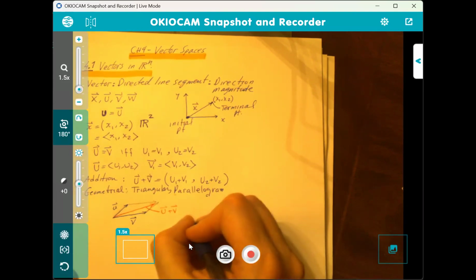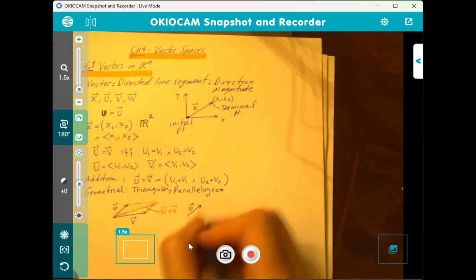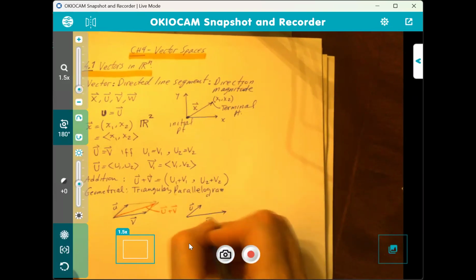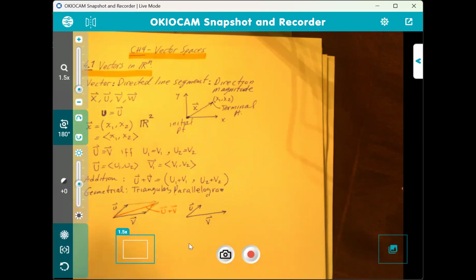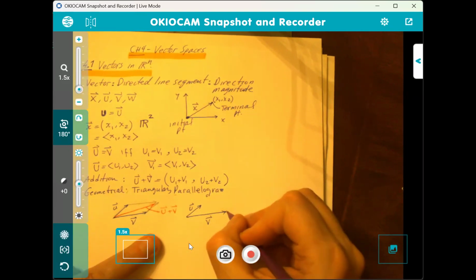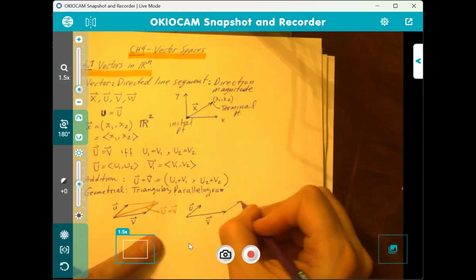If I want to do this using the triangular method, here's vector u, and this is vector v, right? So what we do is the following. This is u, so you're going to draw a vector equivalent to vector u, same direction, same magnitude.